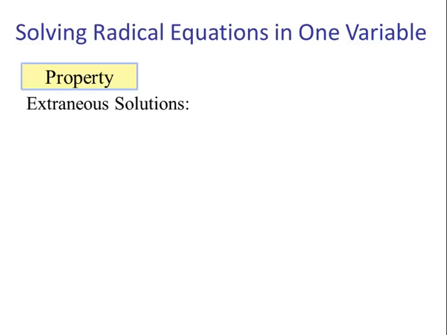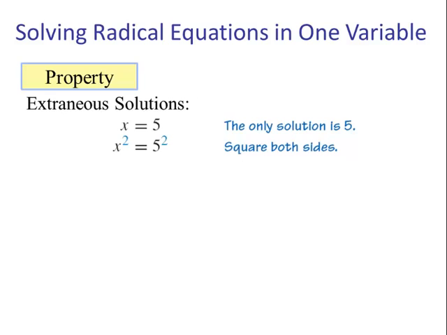Property: extraneous solutions. Let's take the equation x equals 5. If I square both sides, I get x squared equals 5 squared, or x squared equals 25. Now if you solve x squared equals 25 for x, you take the square root of both sides.